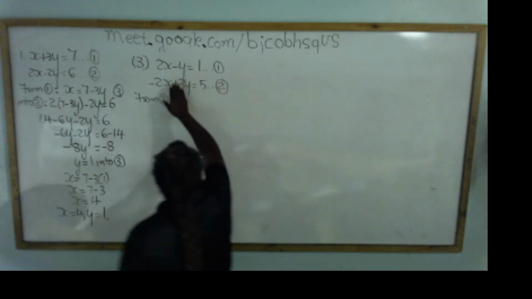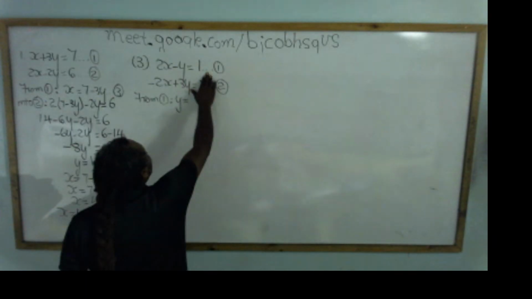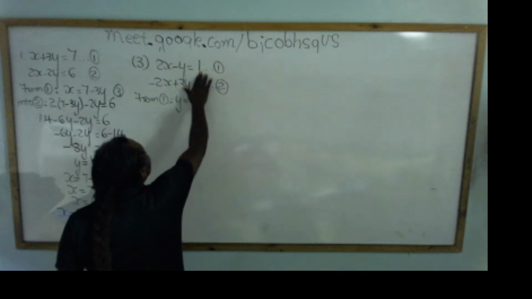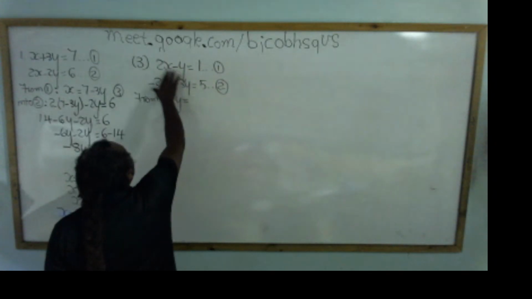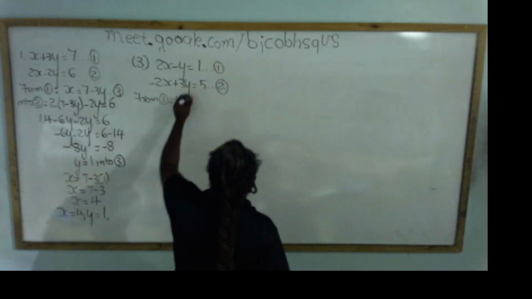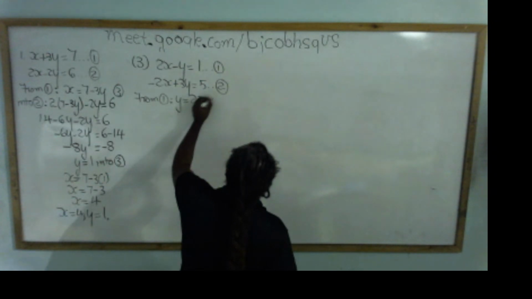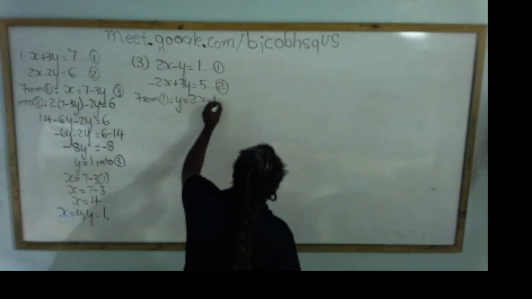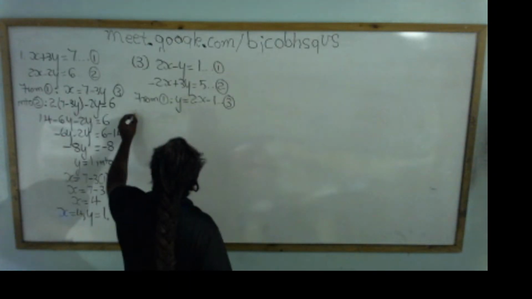We eliminate this negative y, so we're going to have a positive y here. We're going to eliminate this positive 1, we're going to have a minus 1. So y is equal to 2x minus 1, and that is your equation 3. And that you're going to put into equation 2.